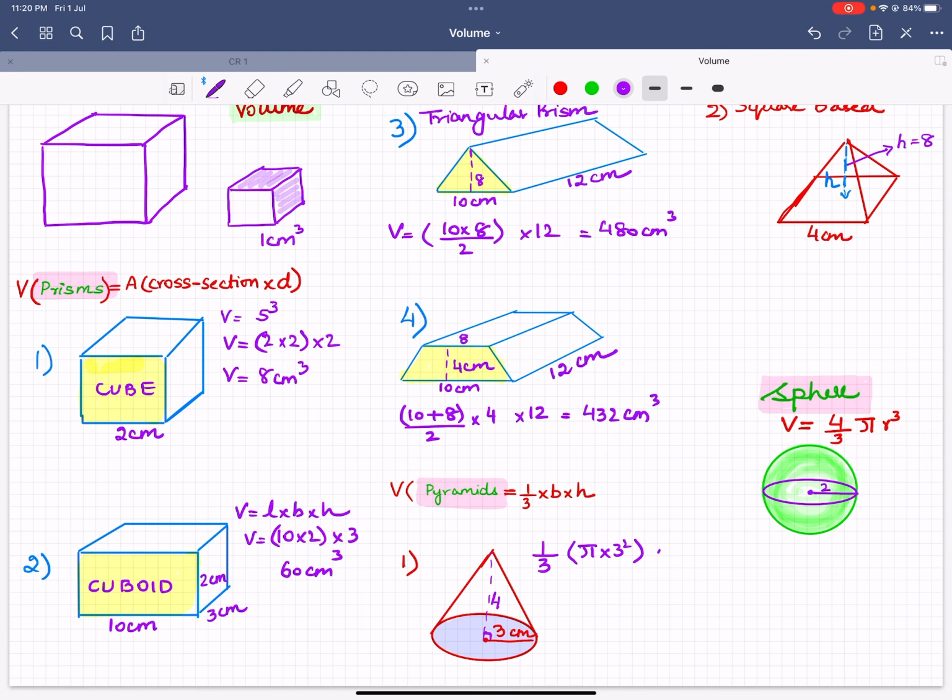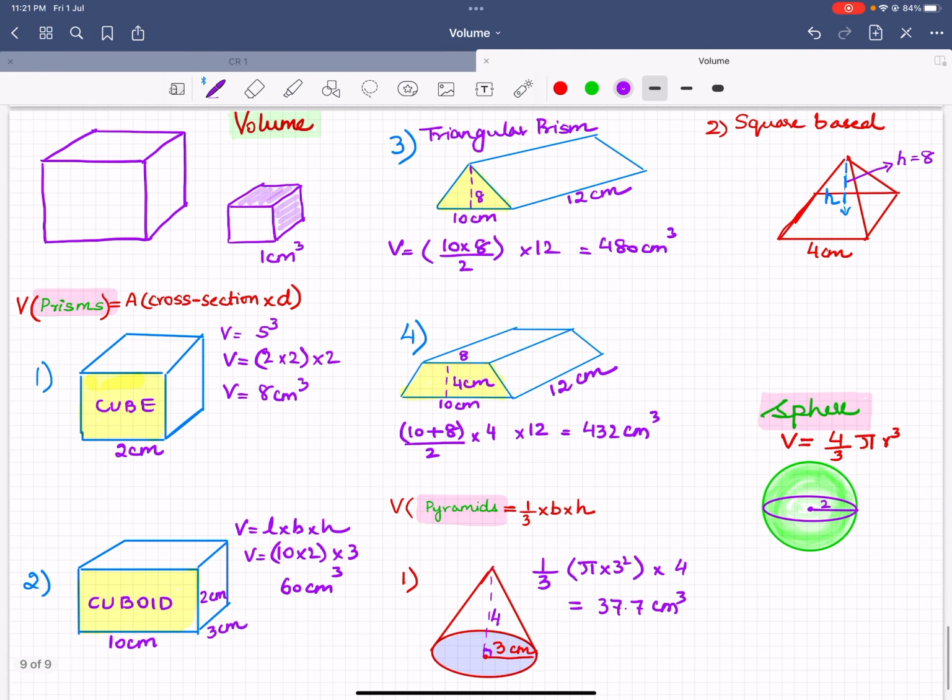And now we need to multiply it by the height of the pyramid, which is 4. We can use a calculator. If we are not using a calculator, we can take pi as 3. So with the calculator, the answer is 37.7 cubic centimeter.